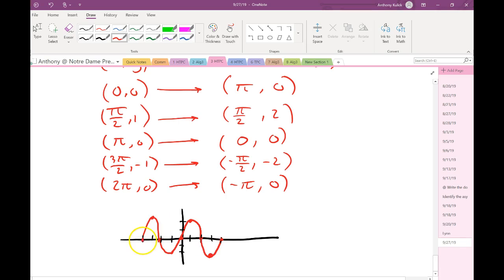Beyond those 5 key points, I'm not going to generate any new points by hand. I'm just going to follow the pattern, because once I have one period worth of data, I can just keep iterating that data over and over again to fill as much space as I need.